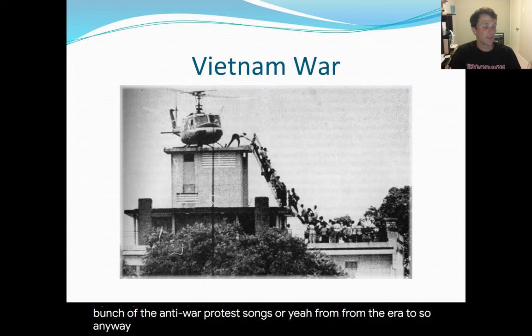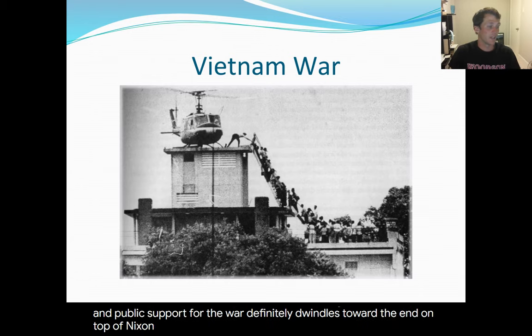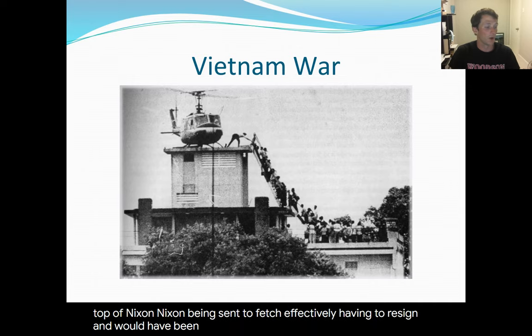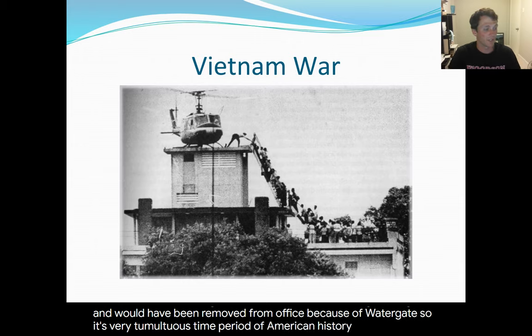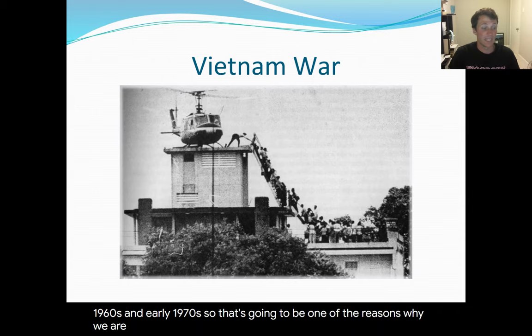So anyway, we have to eventually leave because things fall apart, and public support for the war definitely dwindles toward the end. On top of Nixon effectively having to resign and would have been removed from office because of Watergate. So it's a very tumultuous time period in American history in the late 1960s and early 1970s. So that's going to be one of the reasons why we are having to get out of Vietnam as well.